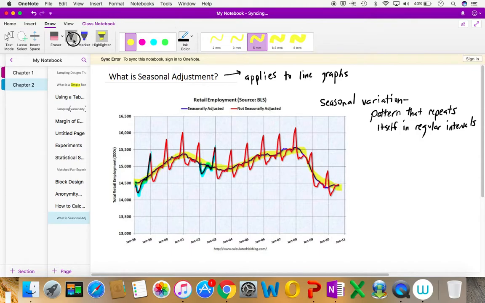In other words, it has taken out the seasonal variation. So let me write that off to the side: a seasonal adjustment is a line graph that has removed seasonal variation.